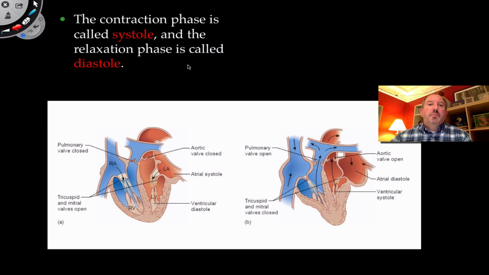And so I mentioned this term systole and diastole. It's basically when you're talking about the cardiac cycle. When the ventricles are relaxed, it's referred to as ventricular diastole, and when they contract, it's ventricular systole.